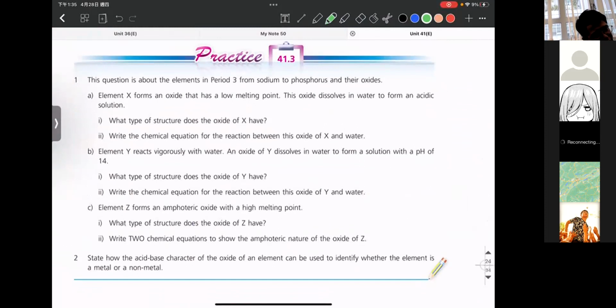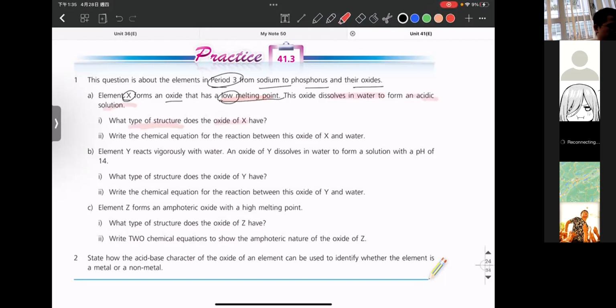To mark the end of today's lesson, could you please have a quick check on 41.3? Do it together. The question is about the elements in period 3 from sodium to phosphorus and their oxides. Element X forms an oxide with a low metal amount, a very key word. The oxide dissolves in water to give an acidic solution.